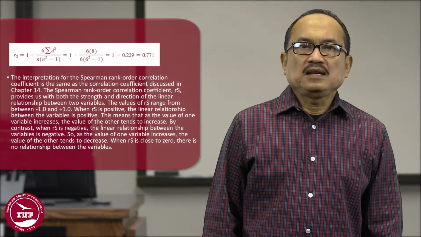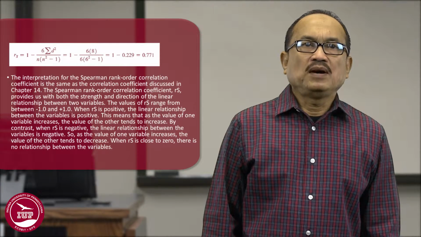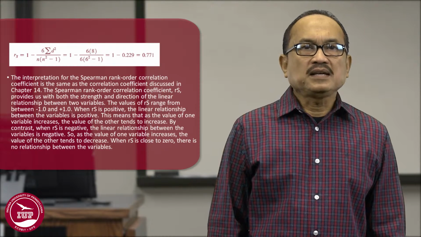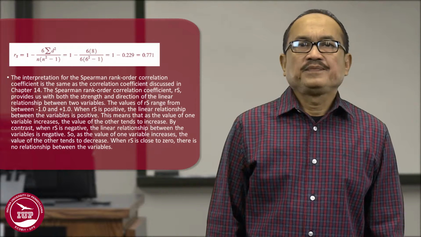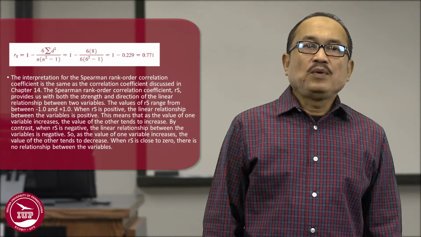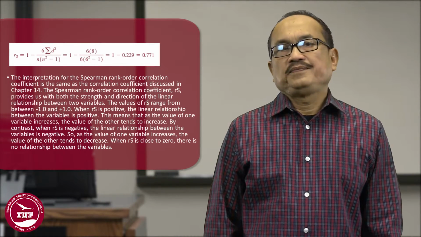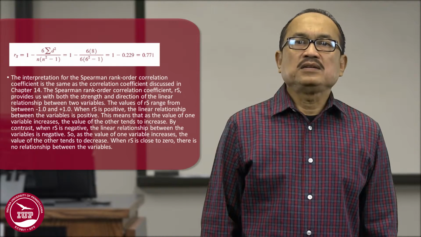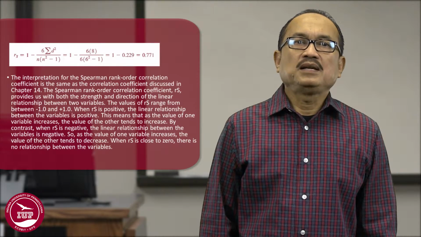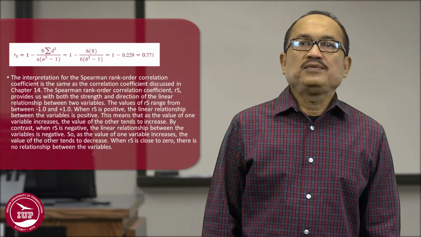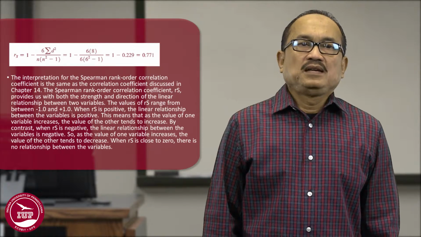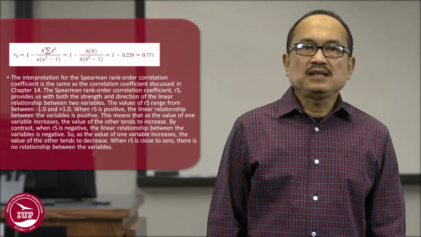This means that as the value of one variable increases, the value of the other tends to increase. By contrast, when rs is negative, the linear relationship between the variables is negative. So, as the value of one variable increases, the value of the other tends to decrease.